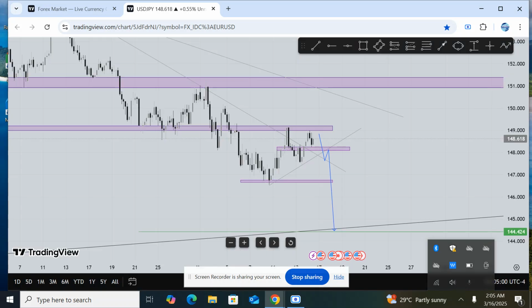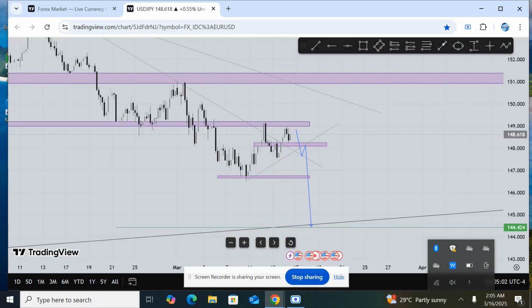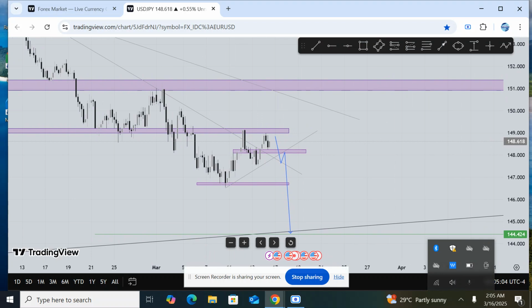Well, if the market, however, decides to go in the upward direction, we wouldn't be interested until the market might decide to fire all the way up here and maybe do something like this before coming towards this direction, which I really doubt. I don't see that happening anytime soon. But if that happens, for the buy side scenario, the market must first break this zone here and give a pullback before I'll be ready for anything buy.